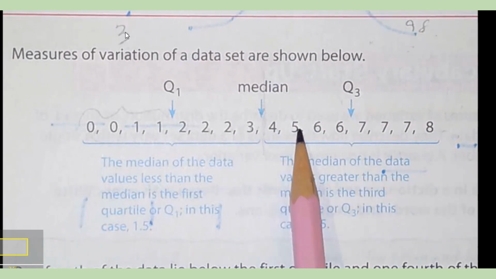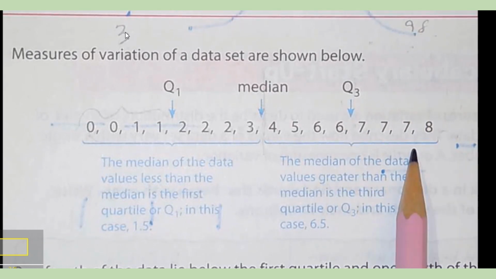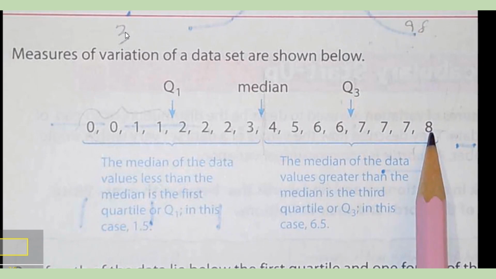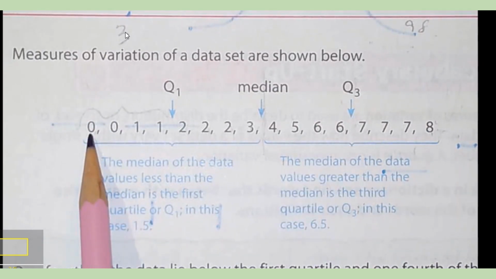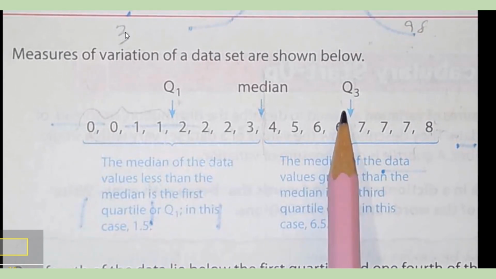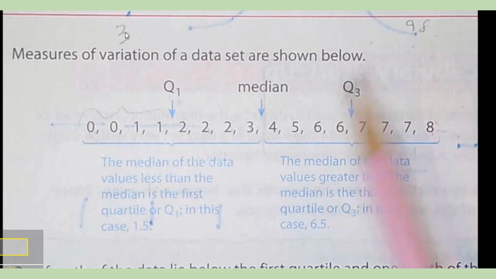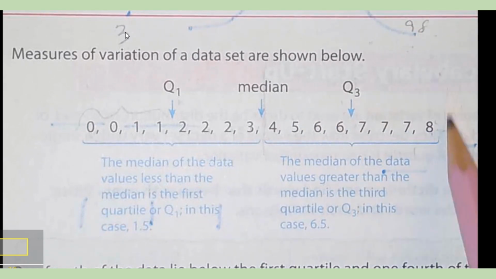We go 1, 2, 3, 4. That's the end of quartile 3. And this one is quartile 4. We do not need to identify it because we know that this is 1, and this is 3. This would be considered 2 because it's in the middle of it, and this is 4.